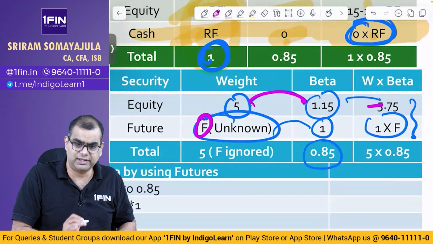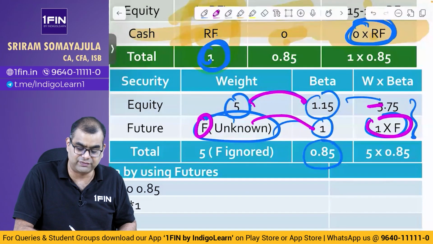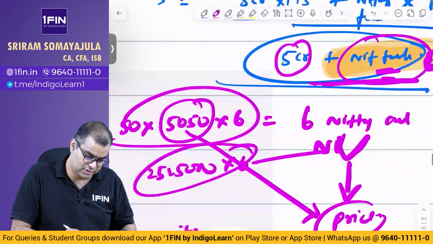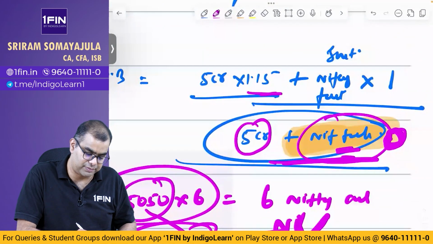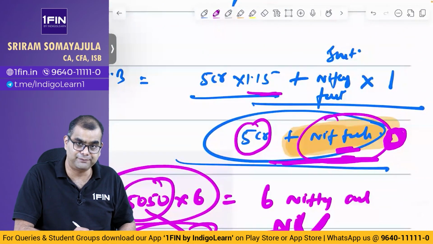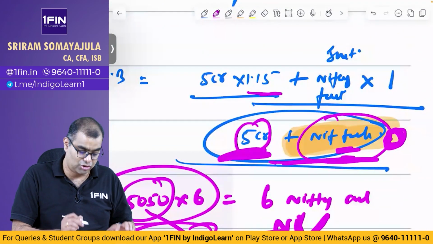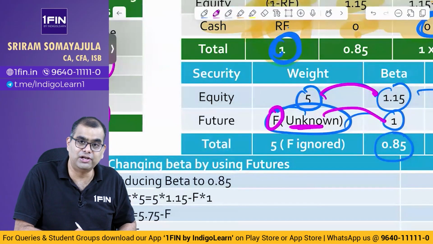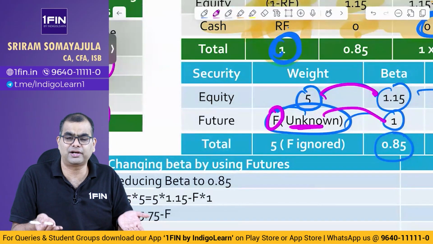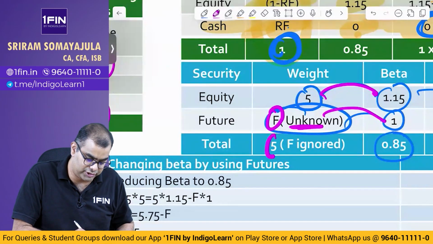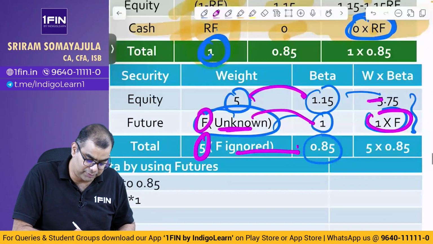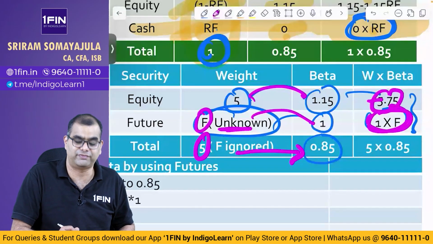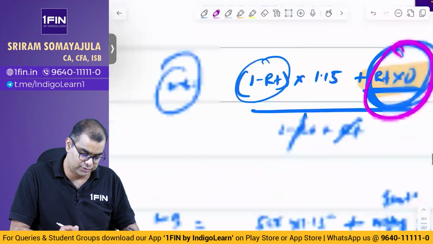We have a contract, F into 1 is 1 plus F. So here is the story: 5 into 1.15 plus Nifty into 1, divided by your 5 crores. I am ignoring the value of F, since the value of the futures contract on day 0, the day of initiation, is 0. So I will only total it as 5. So 5 into 0.85, which is my weighted average beta, is equal to 5.75 plus 1 into F. So that you will solve.